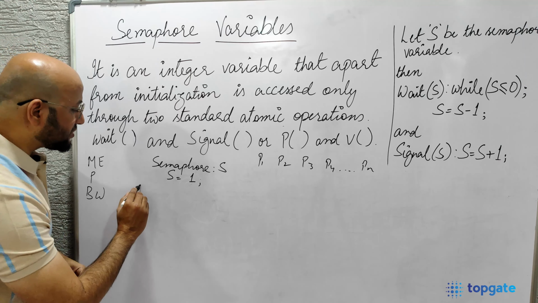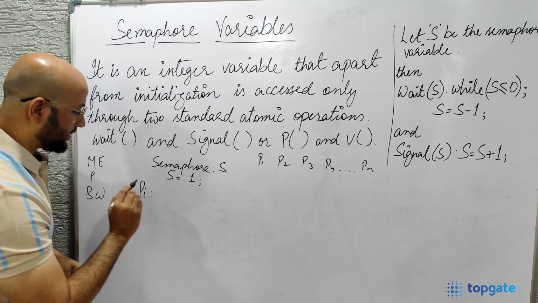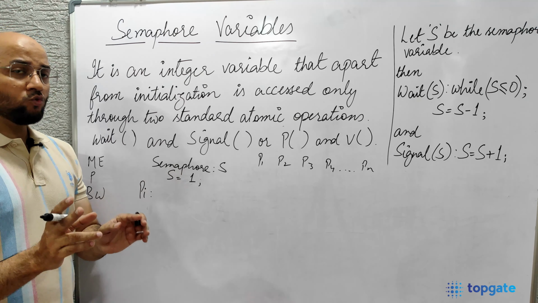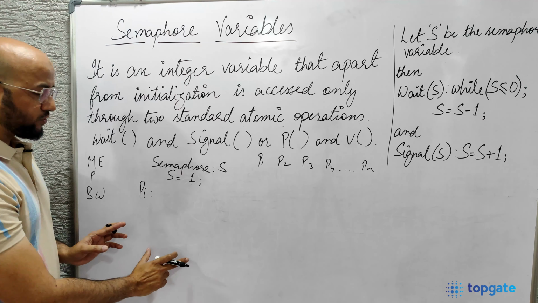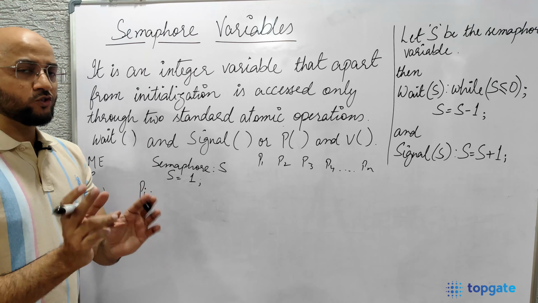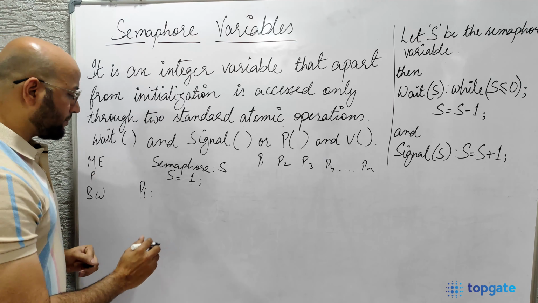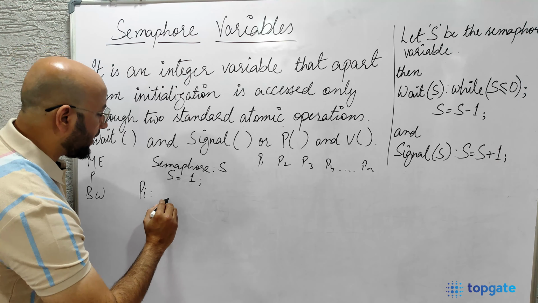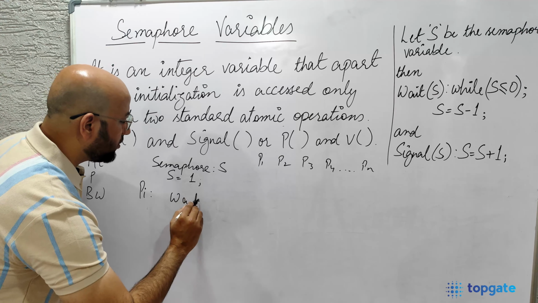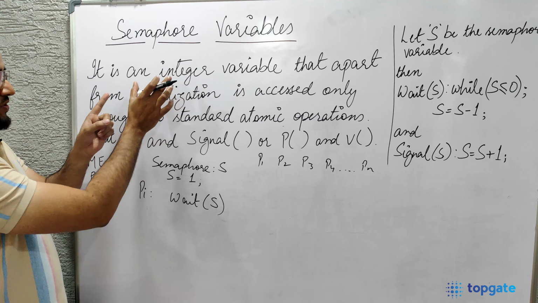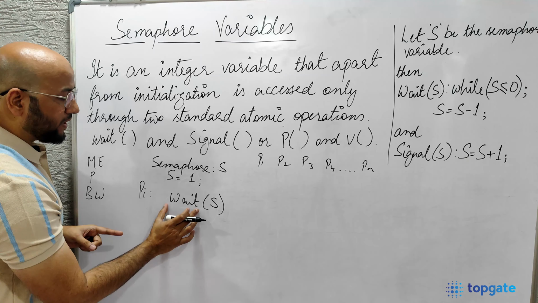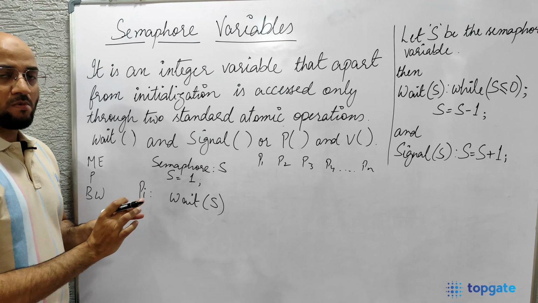Now what does the typical structure of the process Pi look like? Every process who wants to go to the critical section will follow this approach. I'm writing the structure of the process Pi. First, it will write wait s, because the definition says the wait operation can access this semaphore variable.